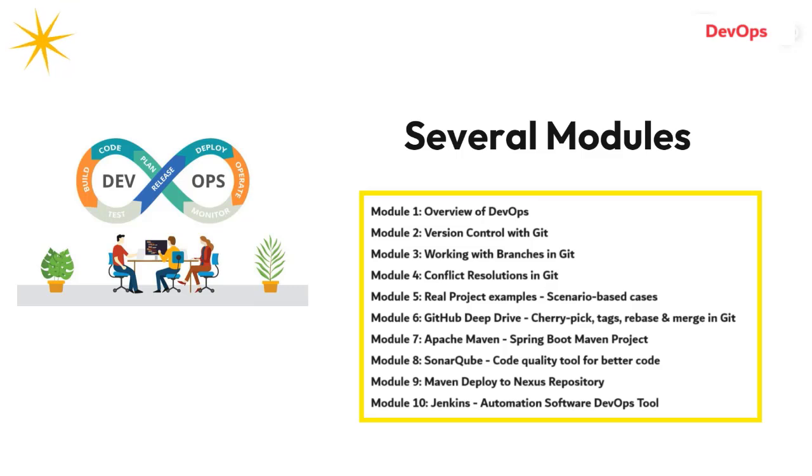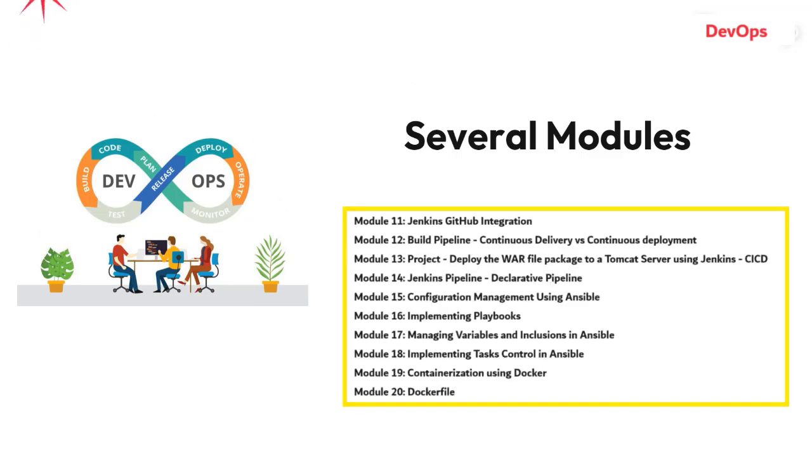deploy to Nexus repository, and then you can see we have module 10, which is Jenkins automation software DevOps tool, Jenkins GitHub integration, build pipeline, continuous delivery versus continuous deployment.